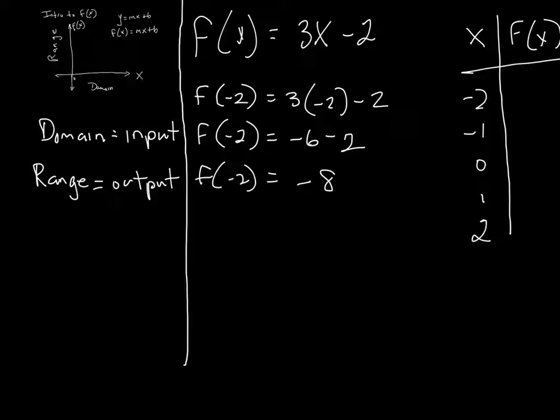When you evaluate -2 in our function, f of x equals 3x minus 2, we say f of -2, and we replace our x with -2. So we have f of -2 equals 3 times -2 minus 2. We just do our order of operations, and it turns out that f of -2 equals -8. So in our table, x equals -2, f of x is -8.